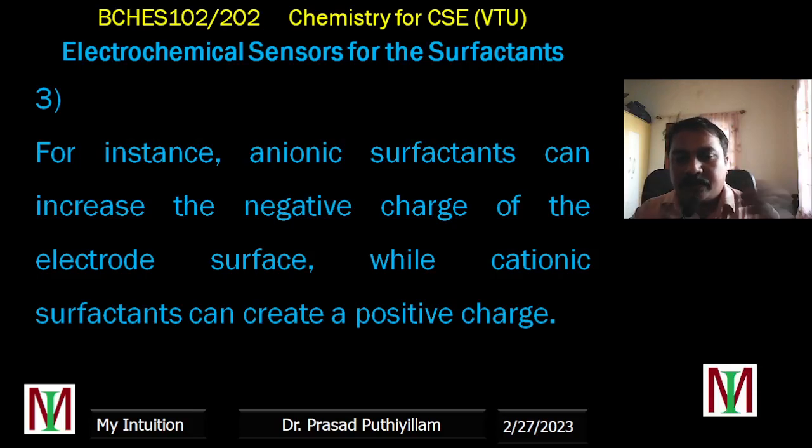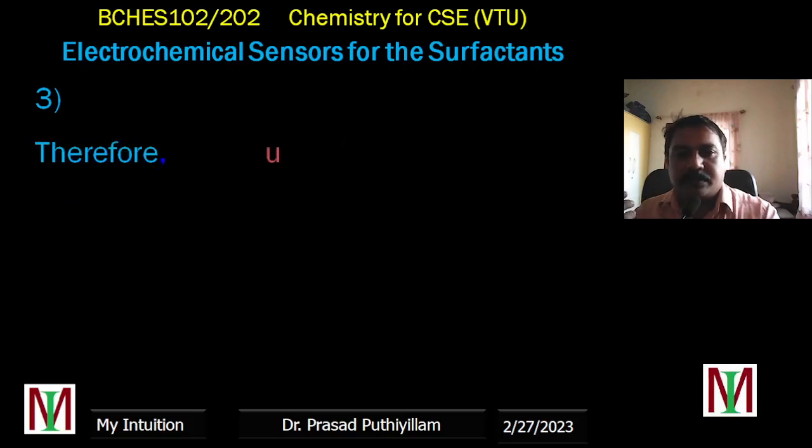Okay, so creating excess negative charge or excess positive charge means there is a movement of electrons, or a possible circuit current, which can be detected easily, and we can measure the amount of surfactants present in the sample.